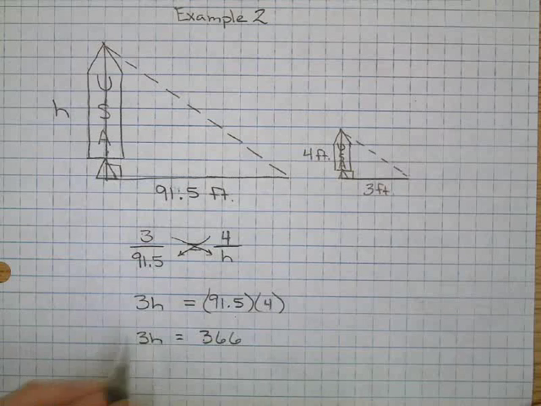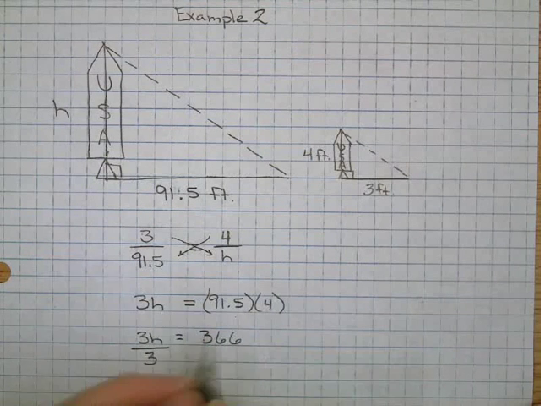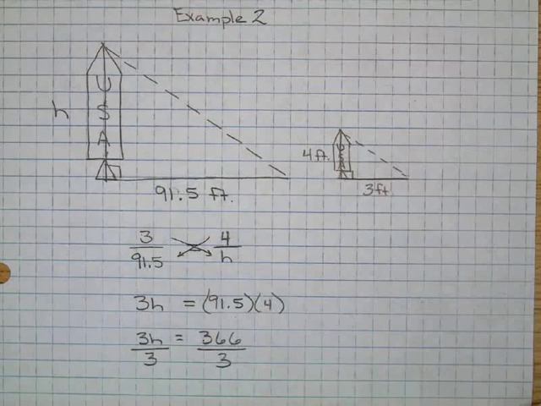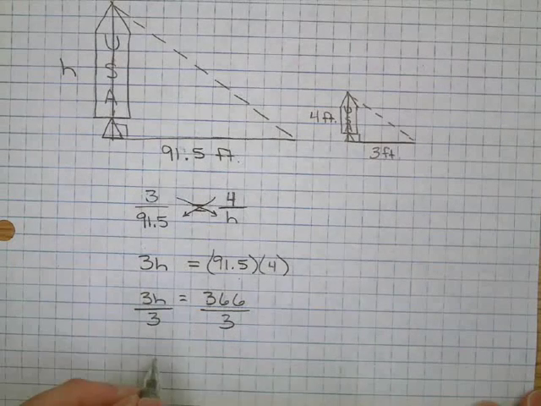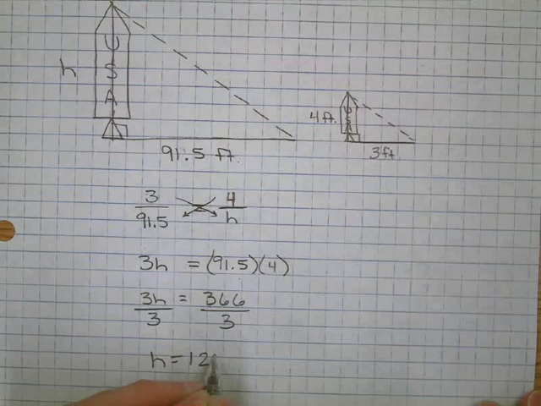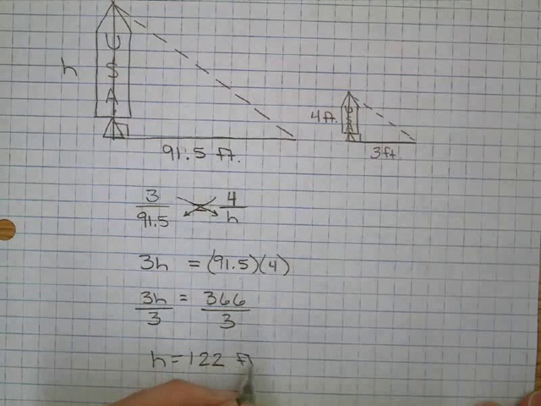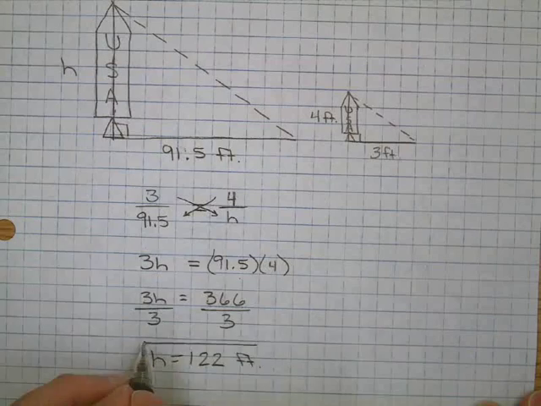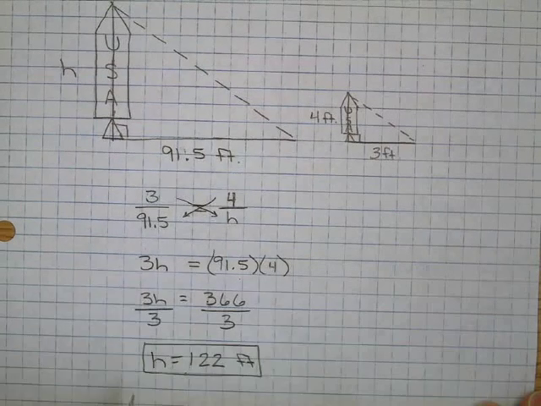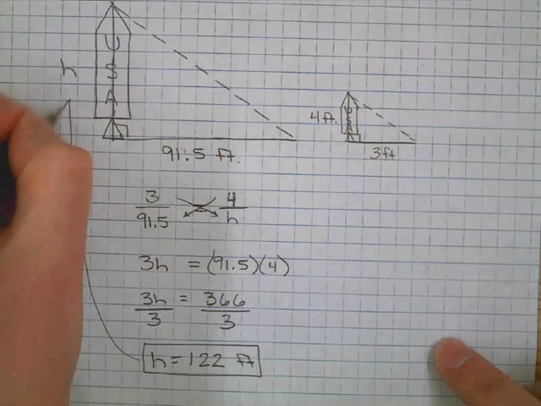Now I want to get h by itself, so I'm going to undo this multiplication. I'm going to divide both sides by 3. And when I do that, h will come out to be 122. We're measuring in feet. That's 122 feet tall. That is the height of our rocket.